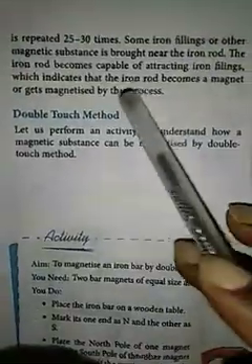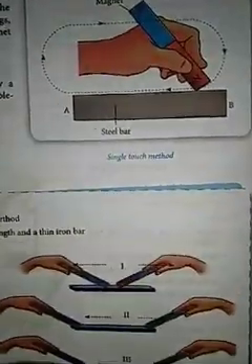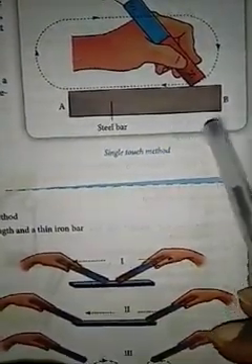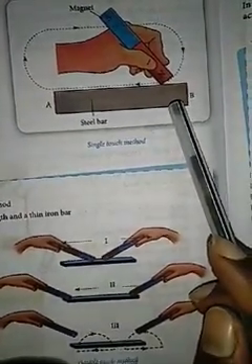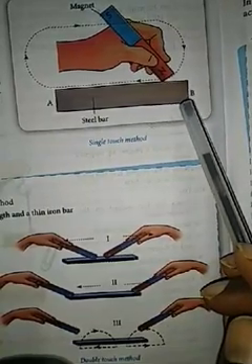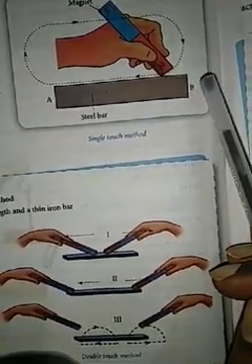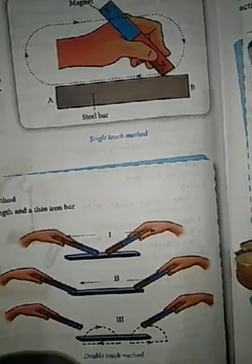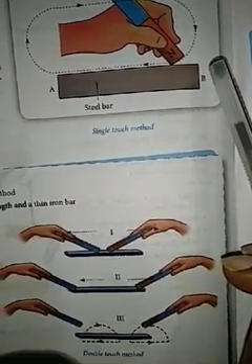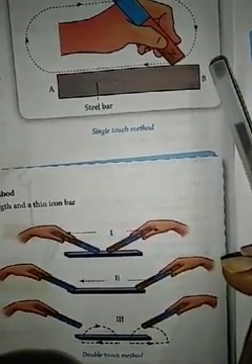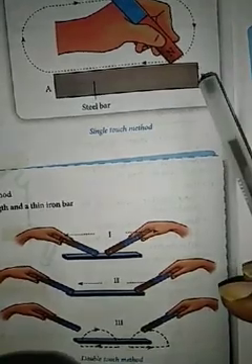This process is repeated 20 to 35 times. Then iron filings or other magnetic substances are brought near the iron rod. The iron rod becomes capable of attracting iron filings, which indicates that the iron rod has become a magnet or gets magnetized by this process.